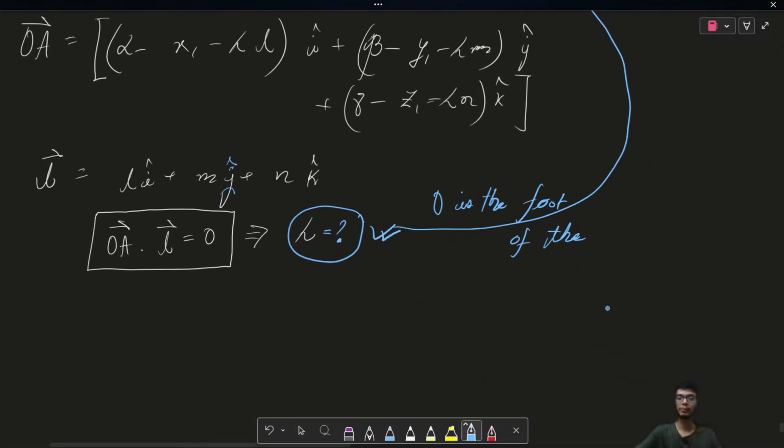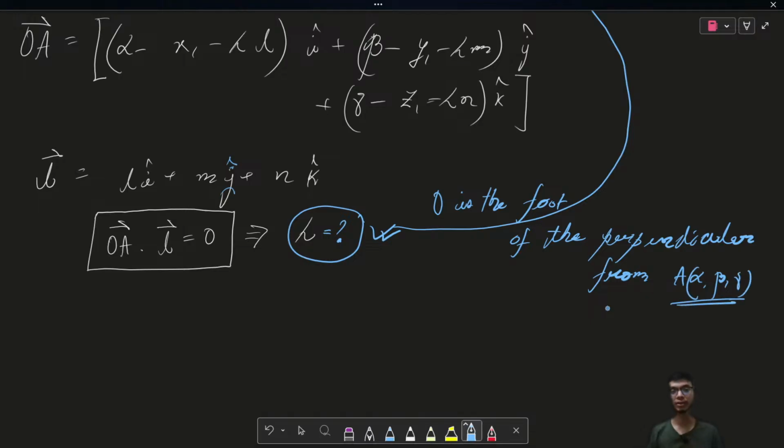So from here I will obtain my point O, which is the foot of perpendicular from point A, which is given as alpha comma beta comma gamma. Alright, so this will generate the foot of perpendicular for the given point on a given line.